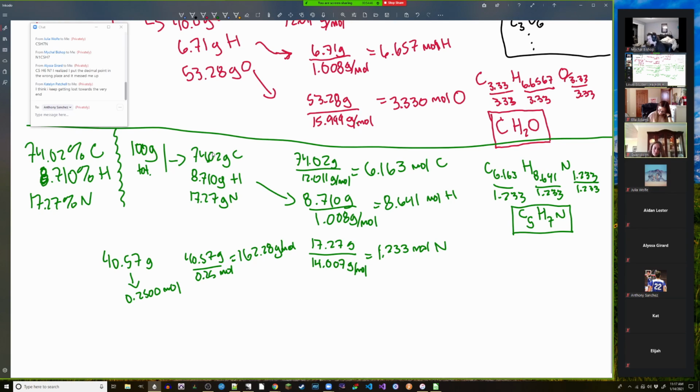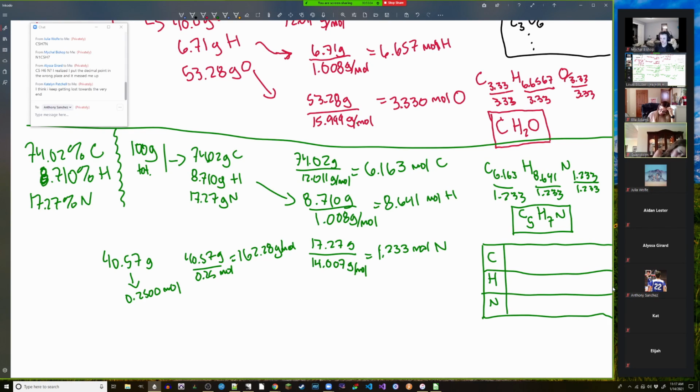So let's go through and actually find the molar mass of this formula here. We have our little tables. I hope you guys remember from a little while ago. Carbon, hydrogen, and nitrogen. I'll do my separate rows here.